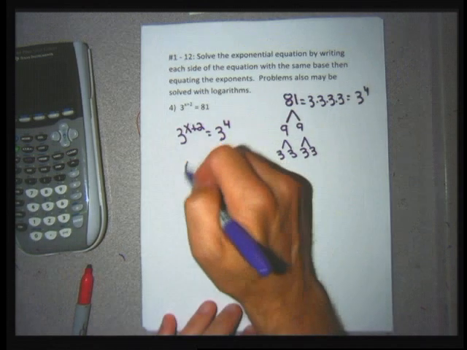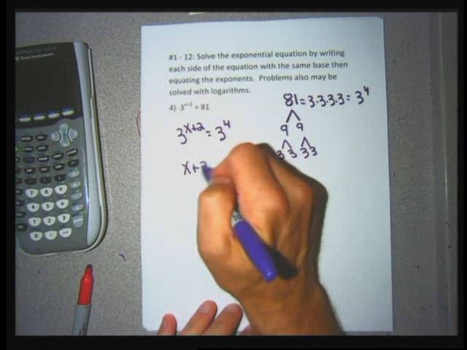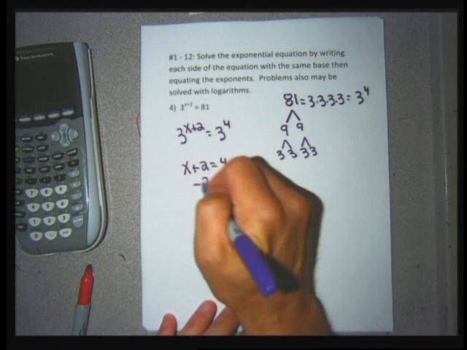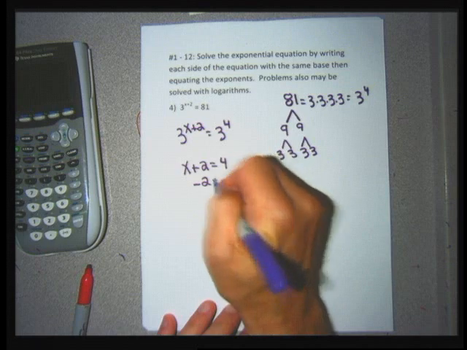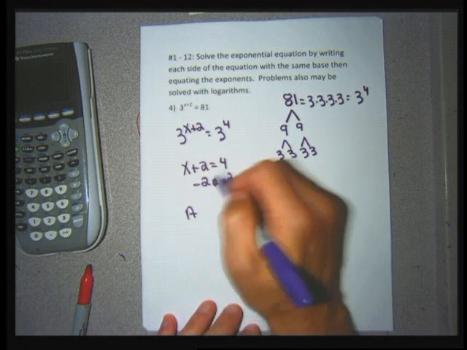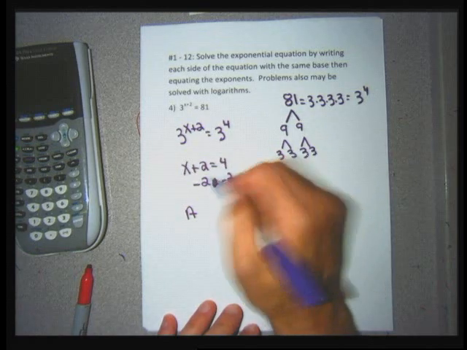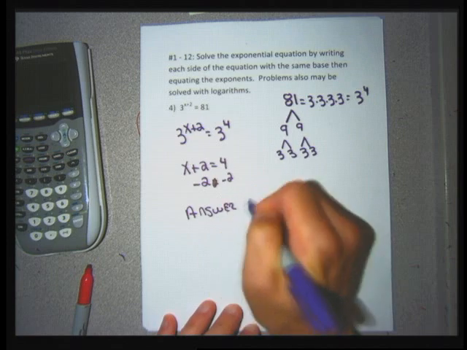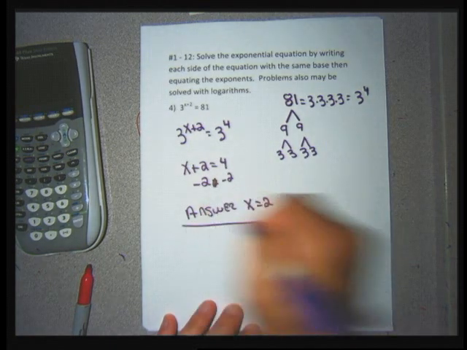But since I was able to, I'm going to drop the bases, equate the exponents, and solve. We have x plus 2 equals 4. I subtract 2 from both sides, and that gives me the answer x equals 2.